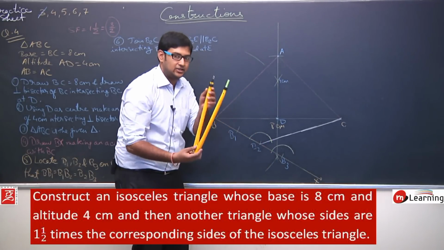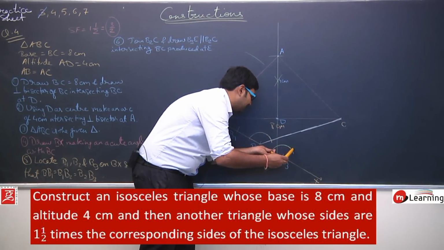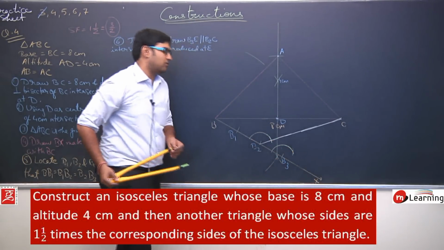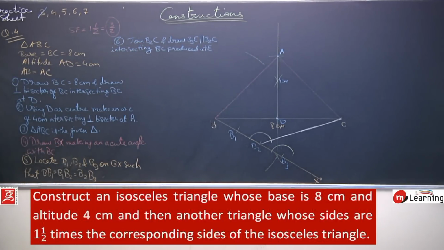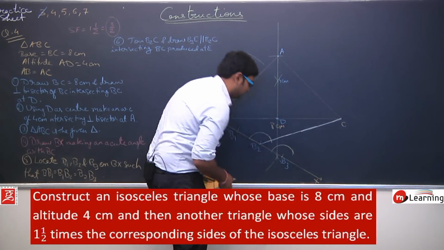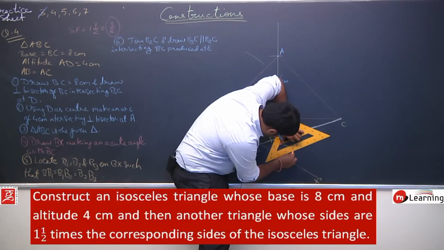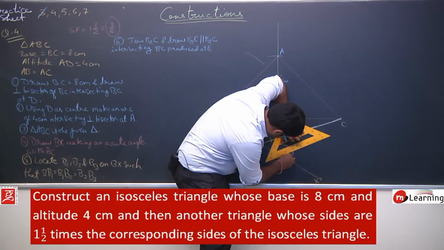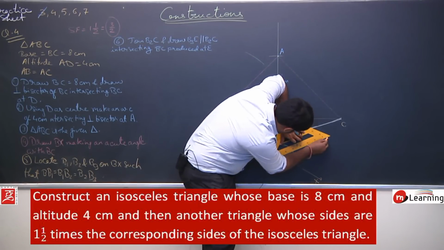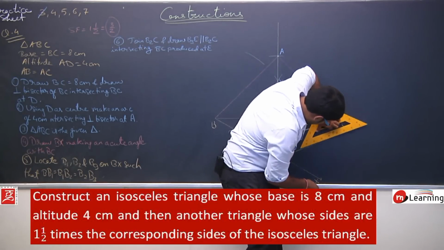Now using this length, what I will do? I will mark a point using this intersection point as the center, and this is the arc that we have got. Now you can see I can construct a line using this point and this B3. This is the line that I can see.